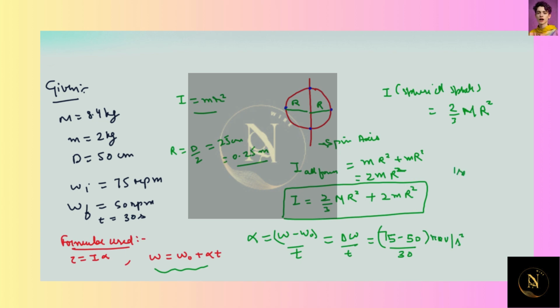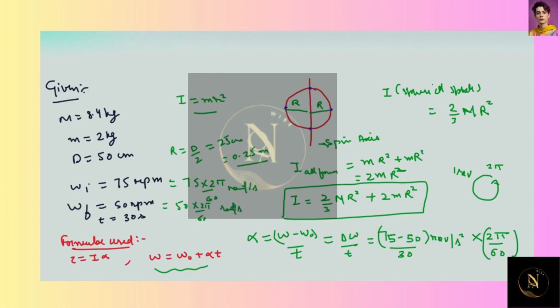One revolution is equal to 2 pi angle. And we have per minute here, so we can convert this into 2 pi over 60. So this becomes 75 times 2 pi over 60 radian per second. Similarly, this one is 50 times 2 pi over 60 radian per second.